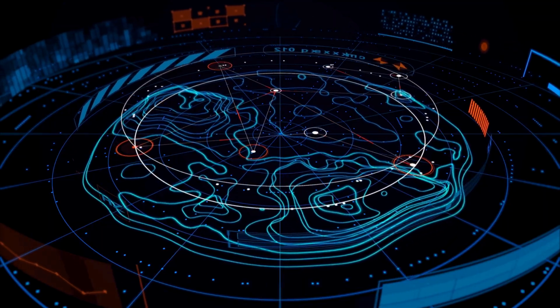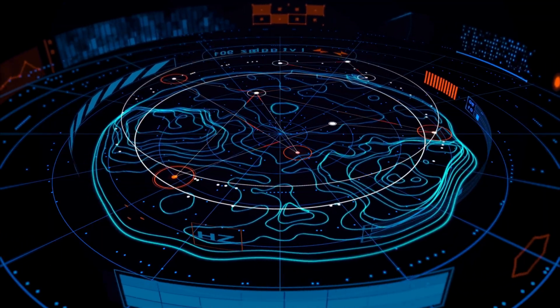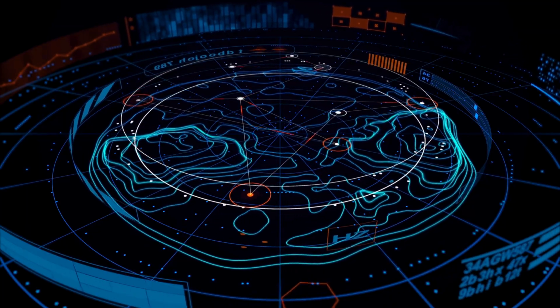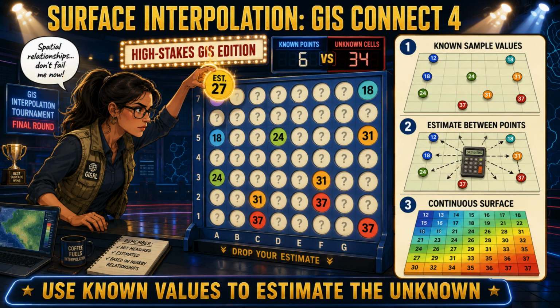It leaves me with one final thought based on what we just unpacked about interpolation. Okay, let's hear it. We established that our most advanced surface models rely heavily on taking scattered sample points and having an algorithm calculate the unknown spaces between them. Right. But the physical world is volatile. Coastlines rapidly erode, rivers carve new channels, urban development moves millions of tons of earth overnight.